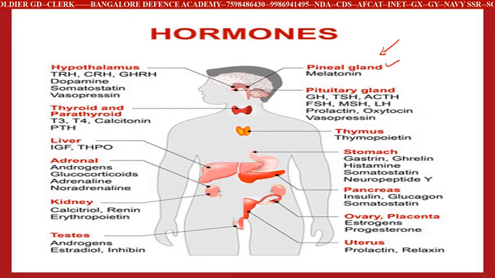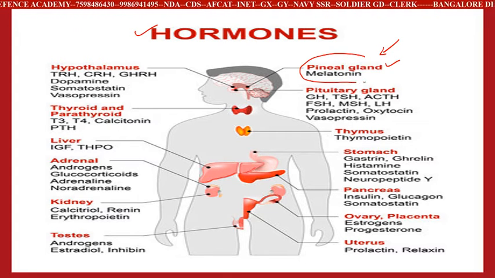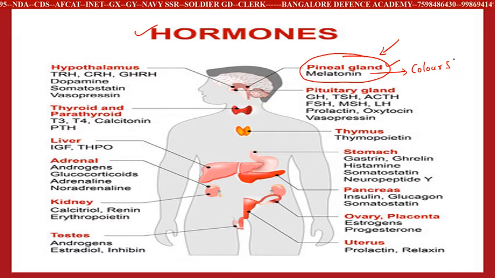Now let us understand which hormone each gland will secrete. The pineal gland secretes melatonin, which is responsible for the color of the skin.